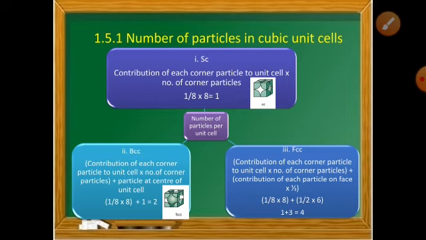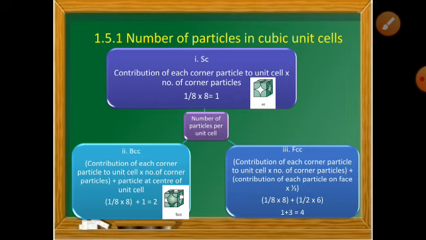And one particle is present at the center of the cube, so that is available whole, fully. So 1 from the corners plus 1 at the center, that is 2. So in BCC, if we see a single unit cell, you will observe 8 plus 1, that is 9 particles, but it's not 9 particles. The actual contribution is only 2 particles.